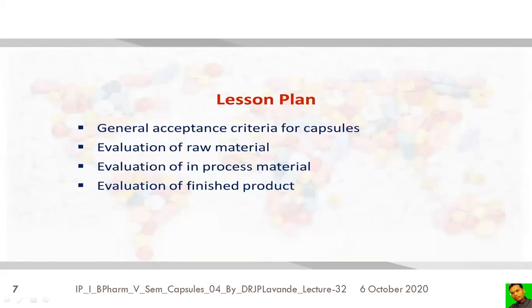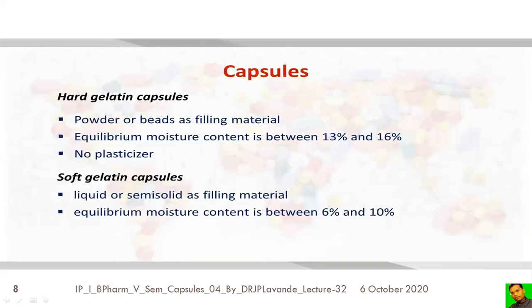Raw material is related to the gelatin, in-process material is related to the process itself, and finished product is the ultimate capsule, whether it may be a soft gelatin or a hard gelatin capsule.